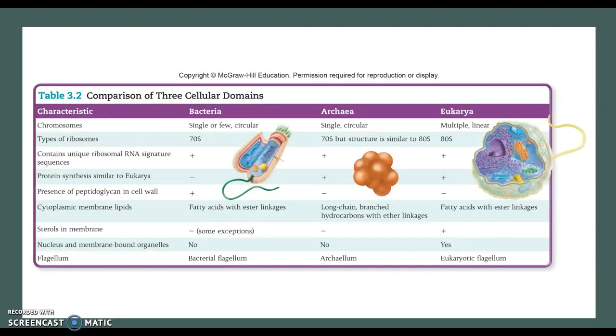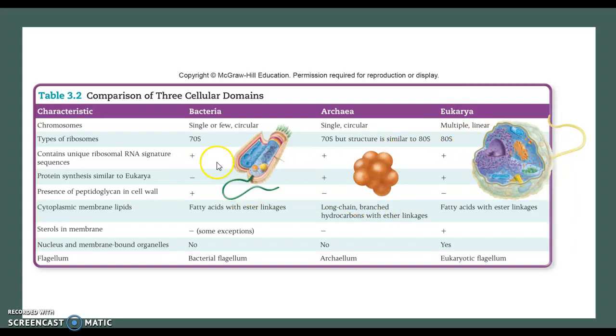So this table is actually from your text, and it compares the three cell types, bacteria, archaea, and eukarya. You can see that both bacteria and archaea have single chromosomes that are circular. We have 70S ribosomal structure, although the structure of archaea ribosomes is much more similar to eukarya.